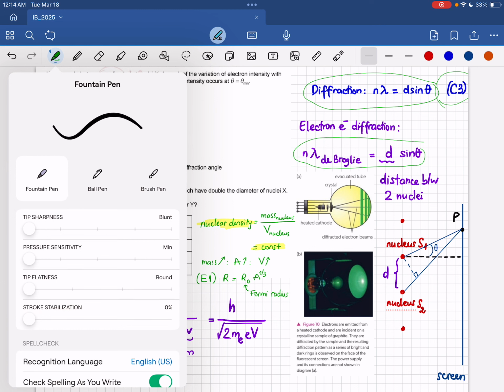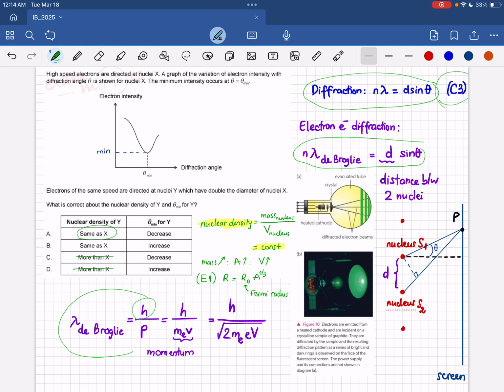So let's just write it down here: n lambda x equals n lambda y. Sounds good?